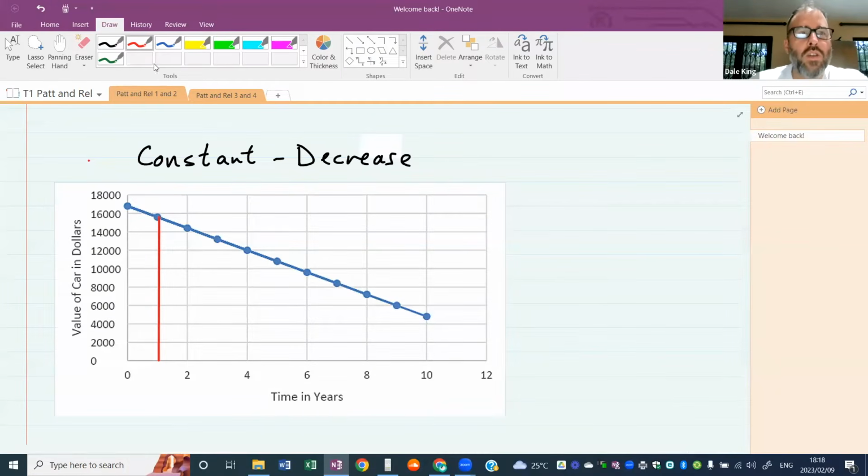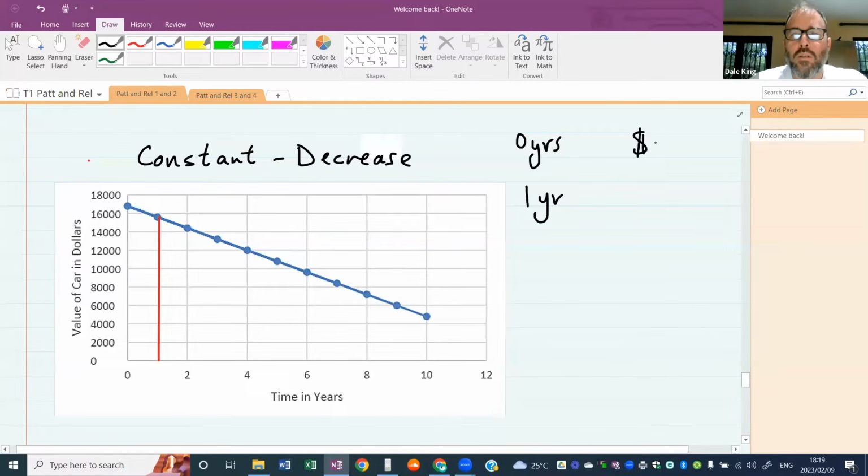So it's changed from 0 years to 1 year. The purchase price was 17,000 US dollars, and now the value is 15,900 US dollars. Okay, so that car is starting to devalue. It's starting to lose its value.